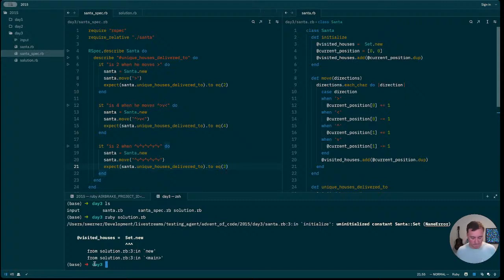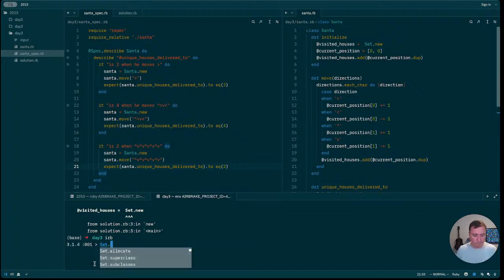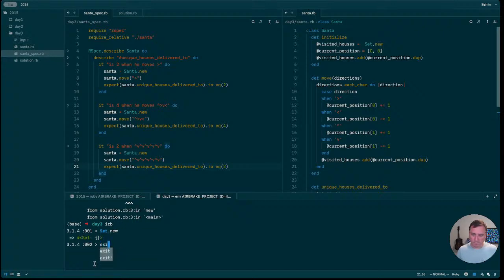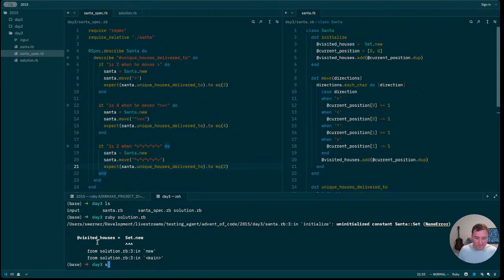Let's see. Probably something very simple. Ruby solution.rb.